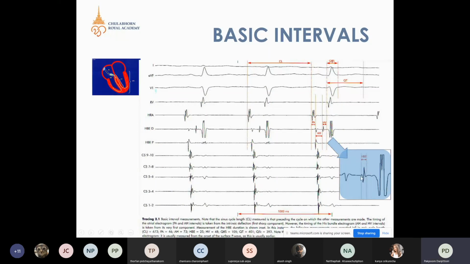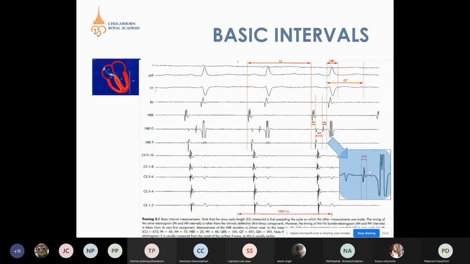We measure from the onset of the His electrogram until the end of it. We can tell whether the activity at the His bundle is normal or not, because normally it should be less than 30 milliseconds.